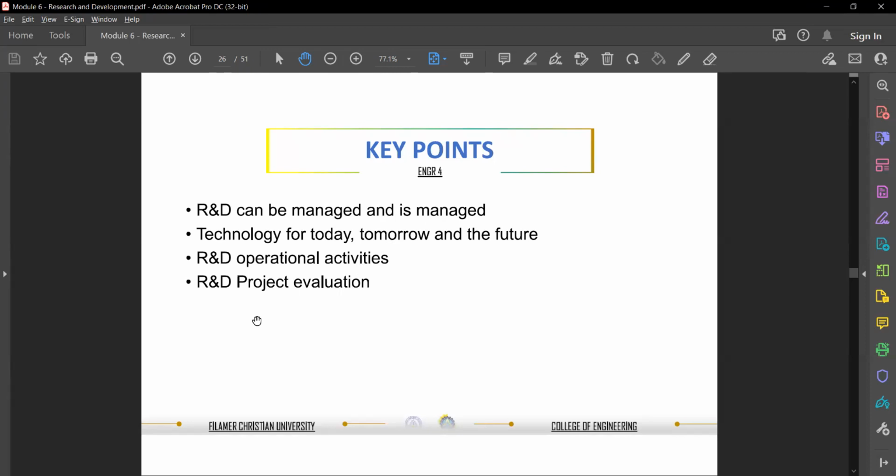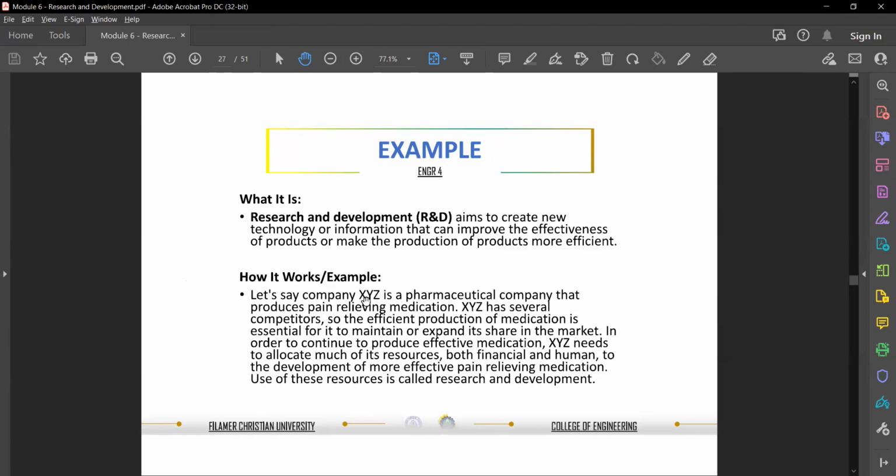Then yung operational activities natin and project evaluations. So evaluation, this is in terms of research din, no? Field study mo. Siguro free trial kung sa mga software pa, di ba? May mga free trial or evaluation, yan, or 30-day trial. Yan. So, ito yung mga examples natin.